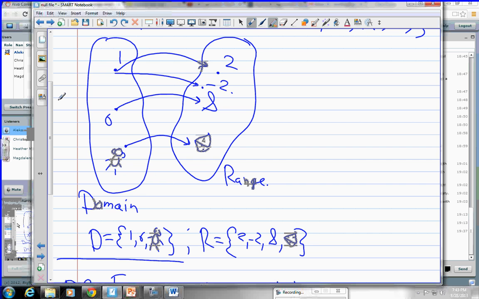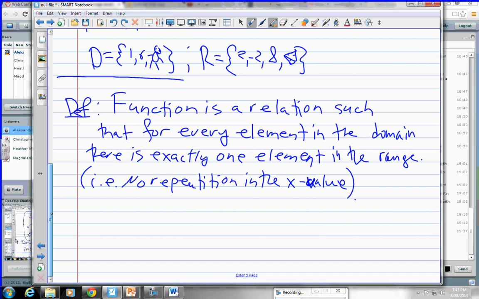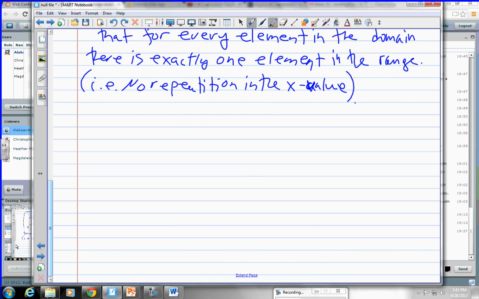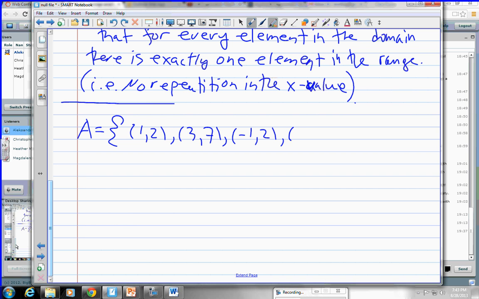All right? So we can actually see that graphically, and I'll do this in a second. Well, let me give you an example of a relation. So if you were to pairs 1, 2, 3, 7, negative 1, 2, 5, 4. So here's a relation as 4 ordered pairs.